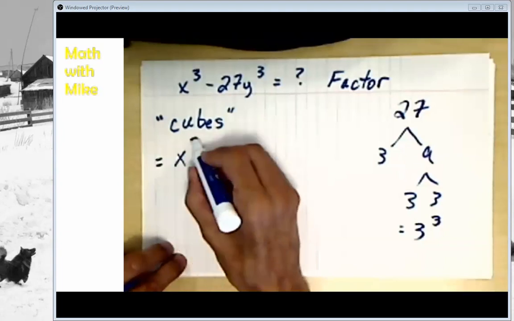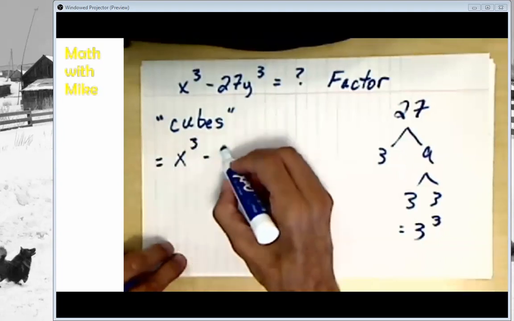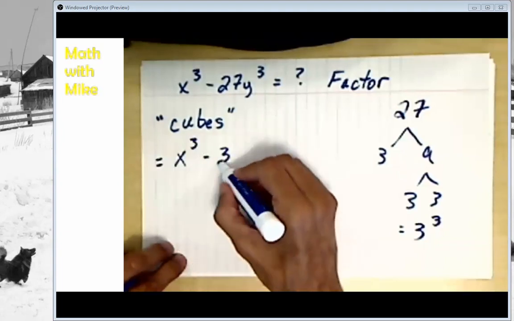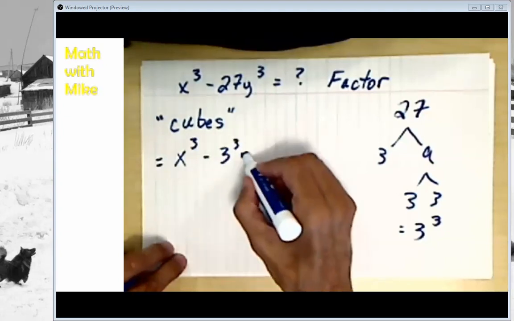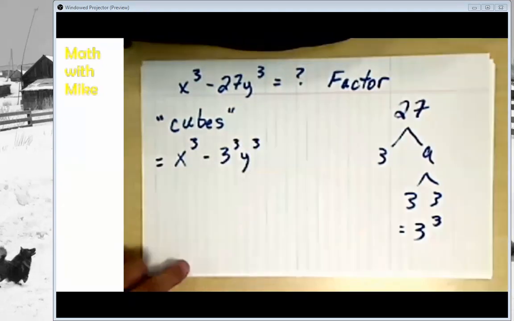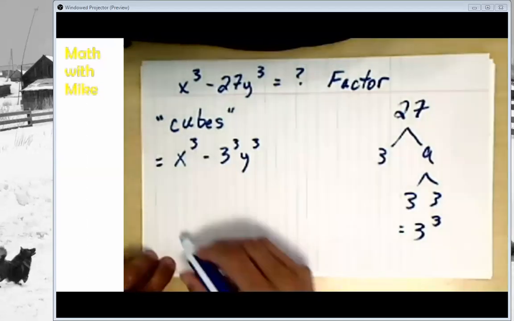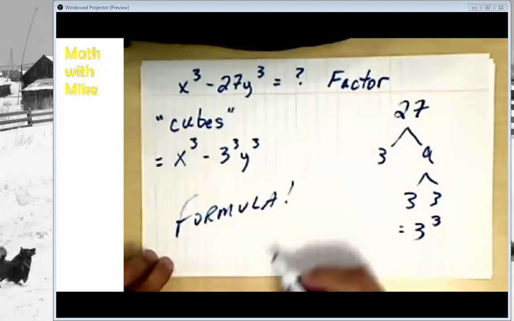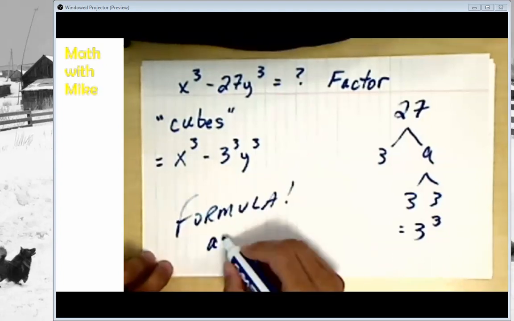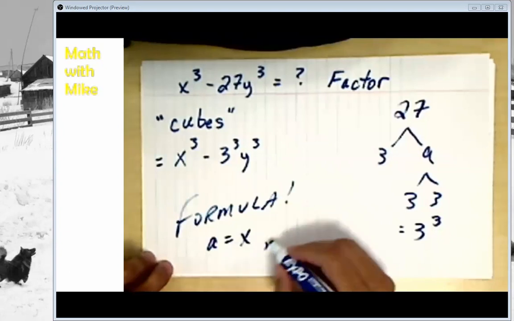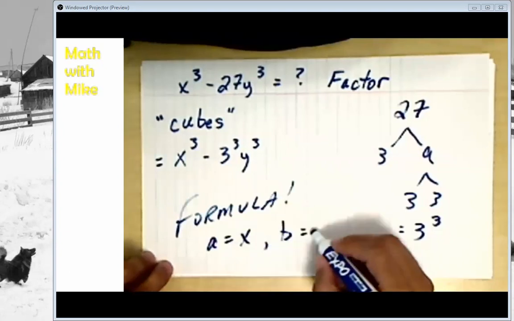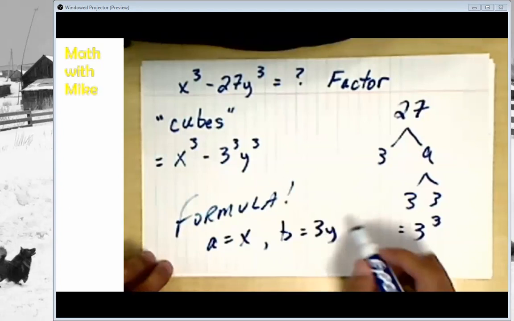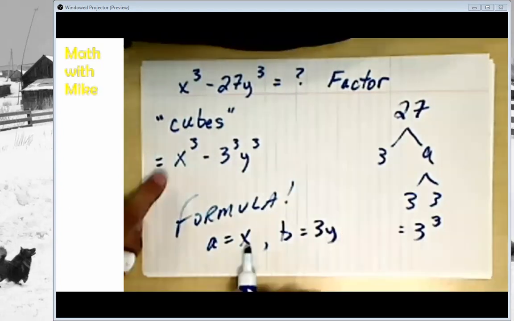We got 1 cubed thing minus 3 cubed. What happens next? Formula time. Where we have A is going to equal X, and then B is equal to 3Y. No cubes for these, no 3s.